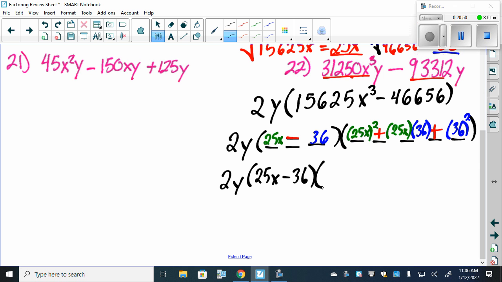So the first thing we're going to have to do is take 25 squared, which is, I want to say 625. 625x squared. Plus, we're going to do 25x times 36. Well, 25 times 36 is 900x, plus 36 squared is 1296, I think.